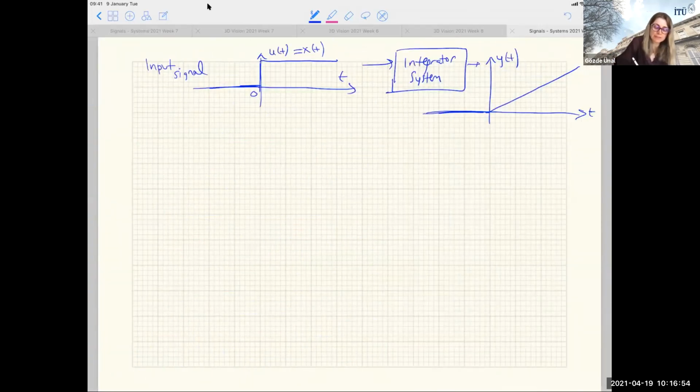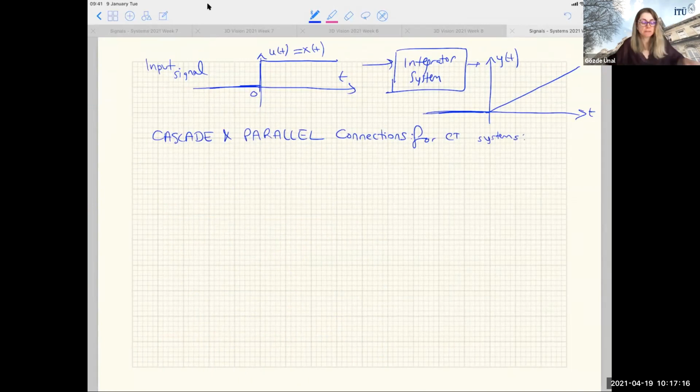Guys, remember the cascade and parallel connections. With continuous time systems, they are the same as for discrete time systems.